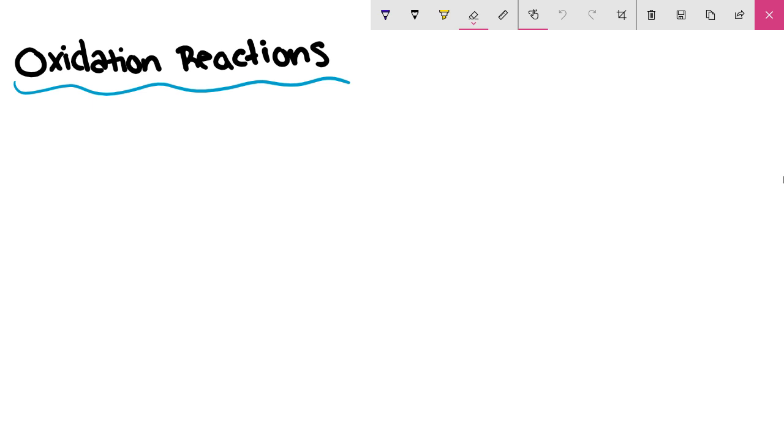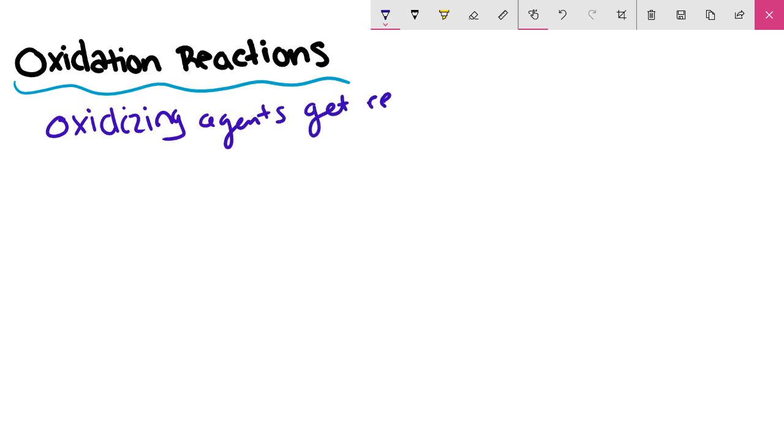So essentially, oxidizing agents get reduced. And that's a really important concept that can be really mixed up. And likewise, reducing agents would get oxidized. So for Orgo, we want to know, okay, what's going to cause these oxidations to happen.